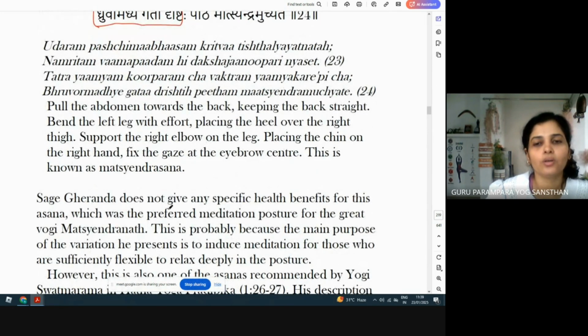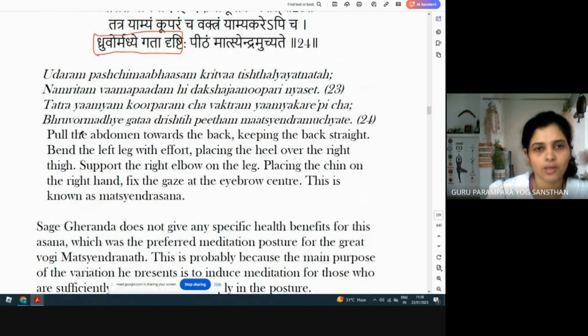Sage Gheranda says: pull the abdomen towards the back, keeping the back straight. Bend the left leg with effort, placing the heel over the right thigh. Support the right elbow on the leg, placing the chin on the right hand. Fix the gaze at the eyebrow center. This is known as Matsyendrasana.